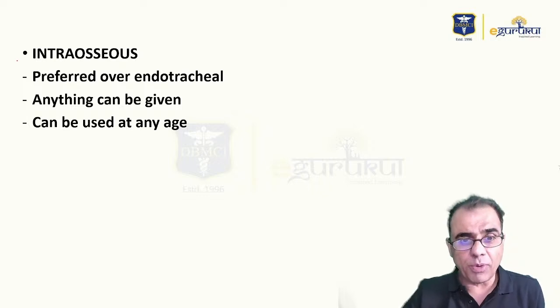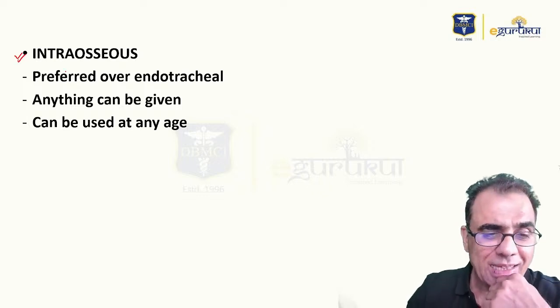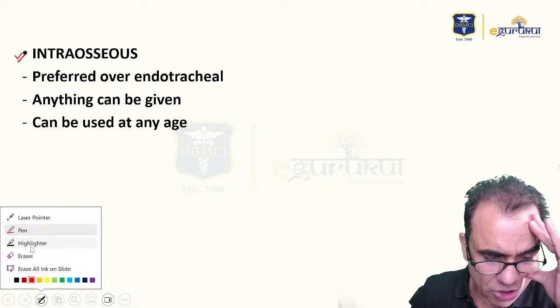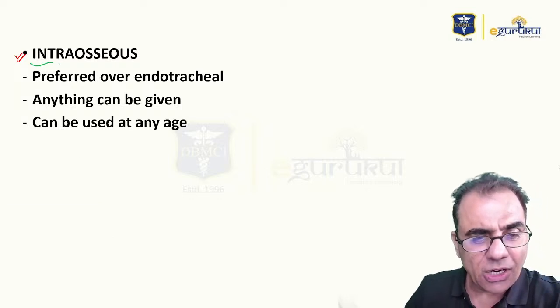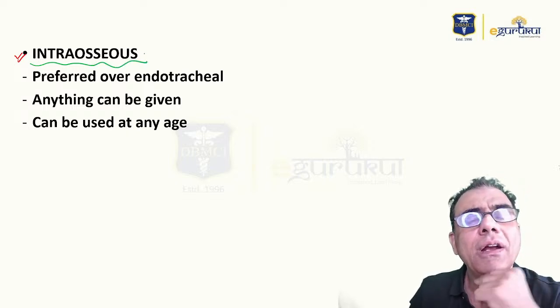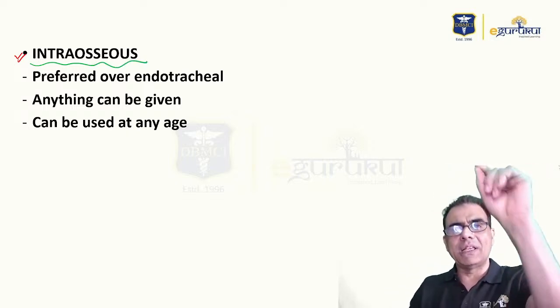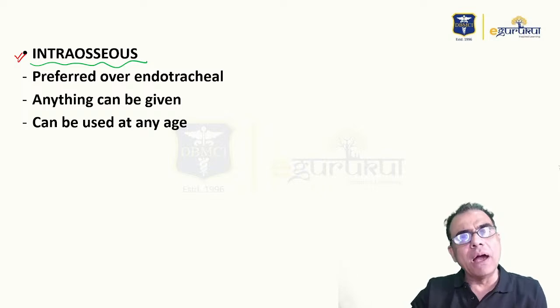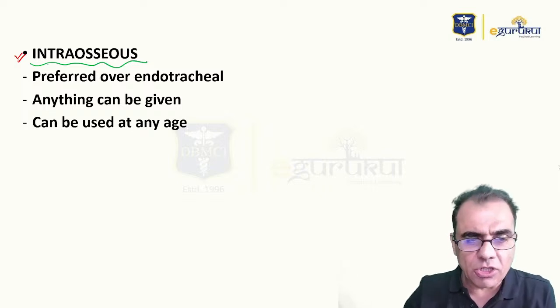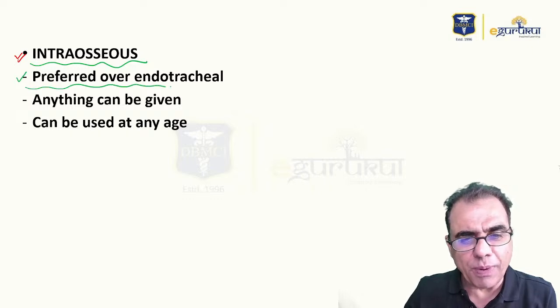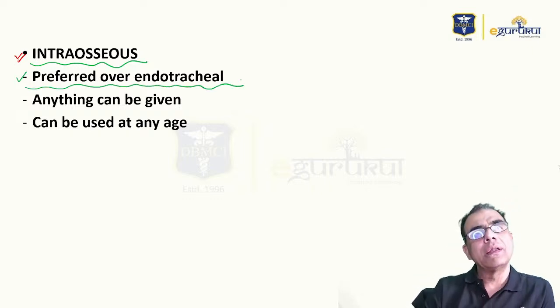Now another very important change they made is regarding the intraosseous route. Intraosseous means into the medullary cavity, and the most commonly used site is the upper end of the tibia. The intraosseous route is now preferred over endotracheal.